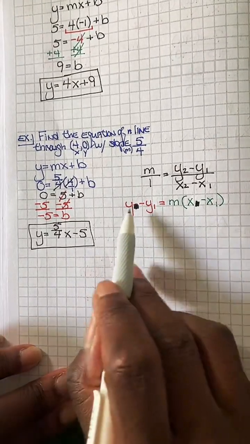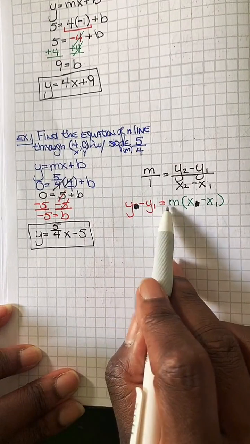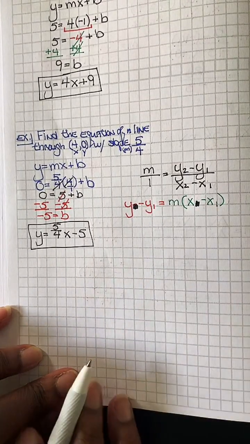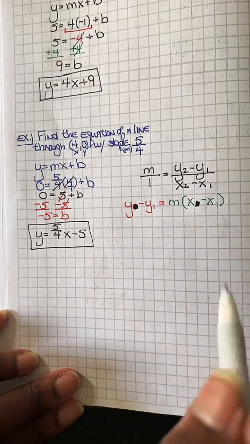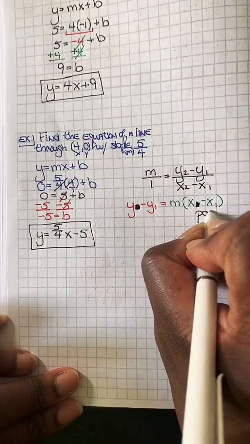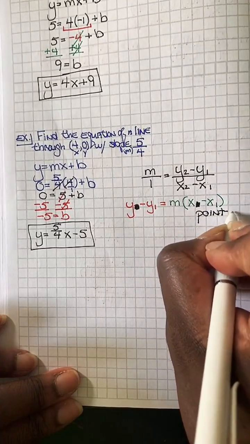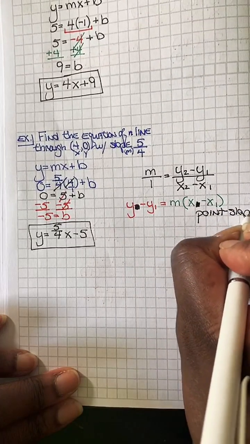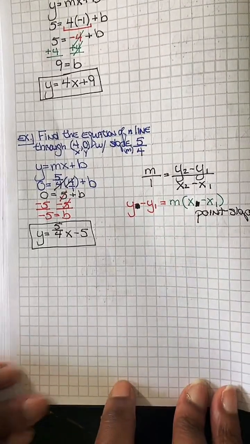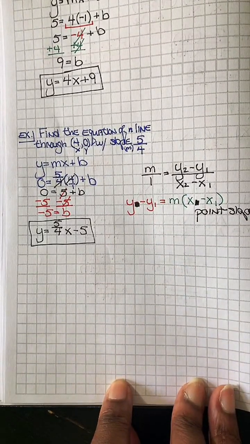It's just going to be y minus y sub 1 equals m times x minus x sub 1. That's the formula of point slope. So if you want to know where it came from, it's your equation of slope cross multiplied.